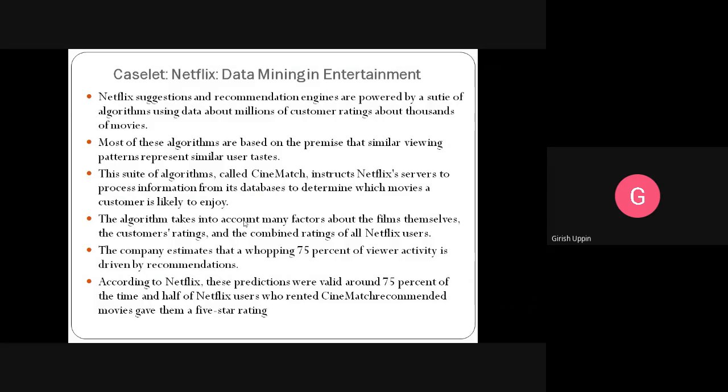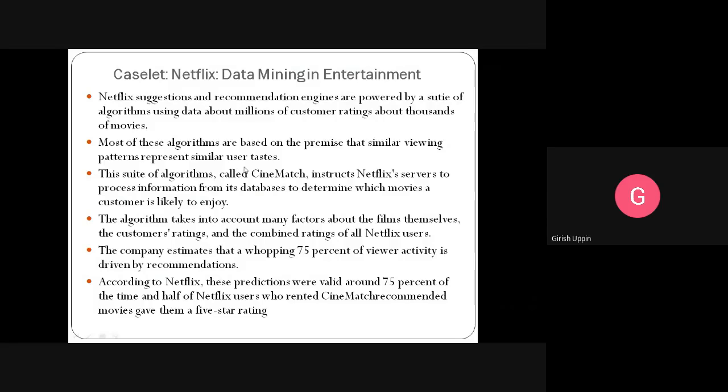So if a third person is watching the first movie, the second movie can be recommended to that person. There is a very high chance that the person will watch that video. He might like that video and give higher ratings. That is how Netflix can increase their viewership.